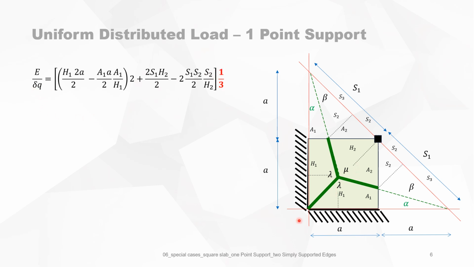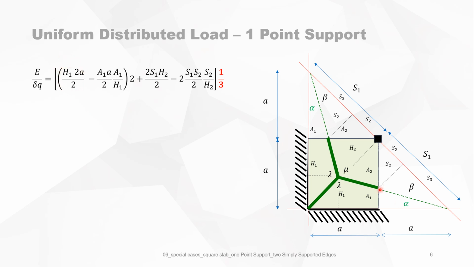Now we consider this triangle, for instance, which is the contribution of the large triangle minus this portion which is not there. So here we have H1 times 2A divided by 2, multiplied by the angle of rotation, which is delta over H1, which is this term.